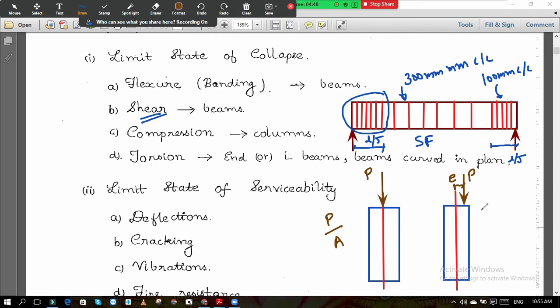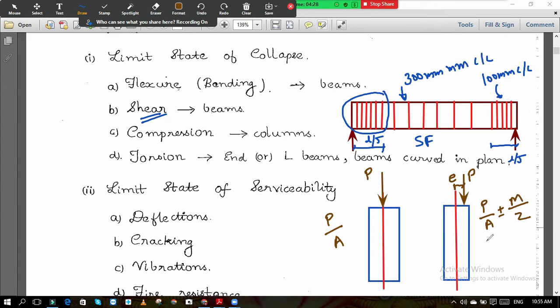And in this case, if it is eccentrically loaded, then it is P by A plus minus M by Z. M by Z is nothing but the bending stress. So here axial compressive stress is there as well as bending stress. In the case of eccentrically loaded columns, we have seen this.